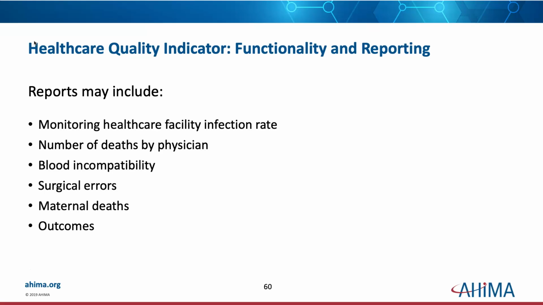Number of deaths by physician, blood incompatibility. The blood incompatibility, that's captured all through the lab, unless that actually happens and it's coded by the coder. Surgical errors, maternal deaths, outcomes. Yes, that does come from coded data. However, having worked in quality management, I also know that those go through quality management.